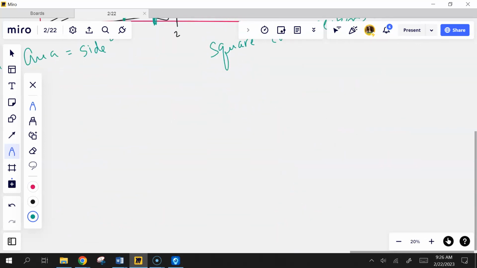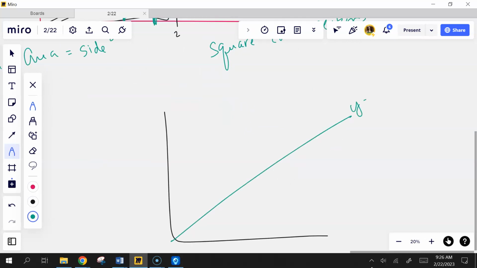Let's make it a different example. I've got squares coming out of y equals x now. What's this length?